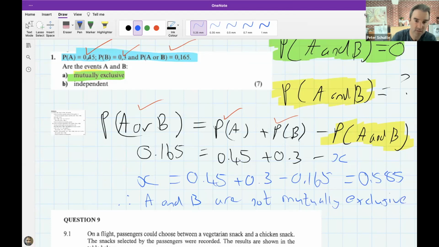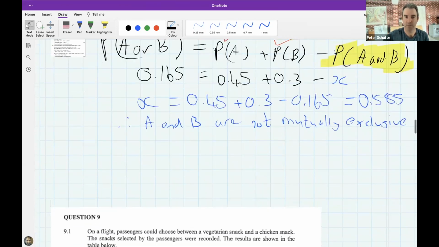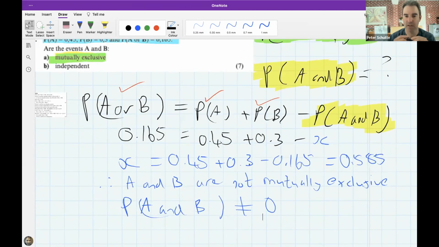And the reason is, because we have to provide a reason, that P of A and B does not equal 0. And so that would be my reasoning. Because if it was 0, they'd be mutually exclusive. If they're not 0, they can't be mutually exclusive. Give me a thumbs up if you're feeling okay about that.